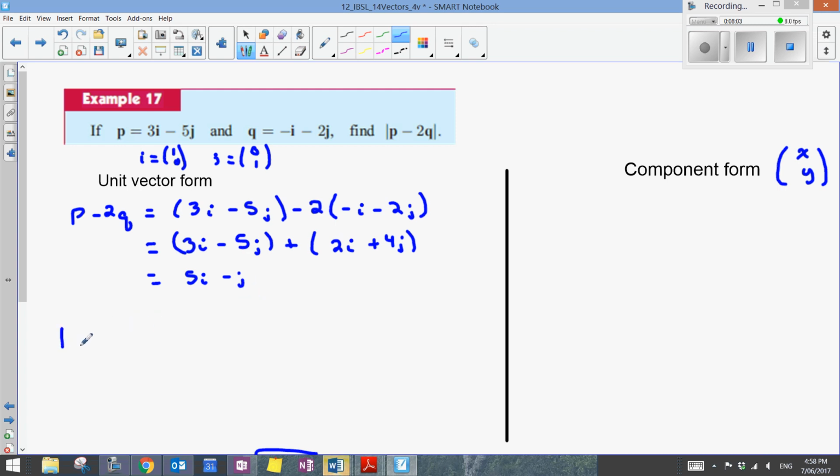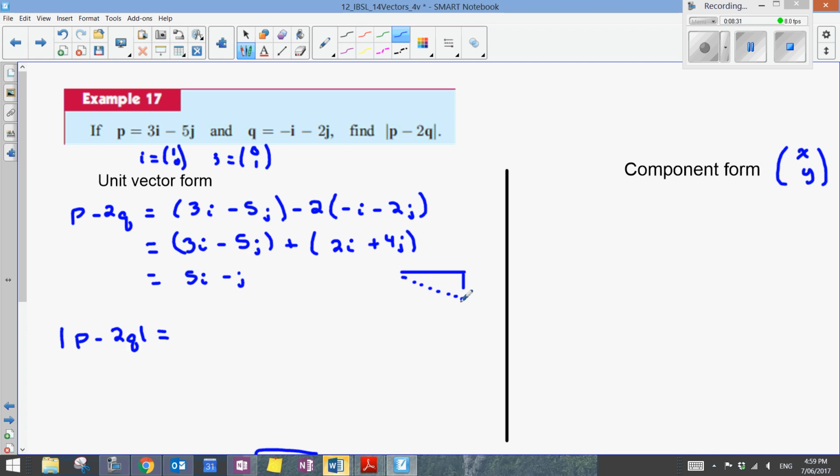So when I take the magnitude of p minus 2q, remember 5i minus j is a vector, and to find the magnitude of it, it's using Pythagoras basically, because we have 5 units in the x direction and -1 unit in the y direction. So 5 units to the right, 1 unit down, and we want to know how far this vector actually travels.